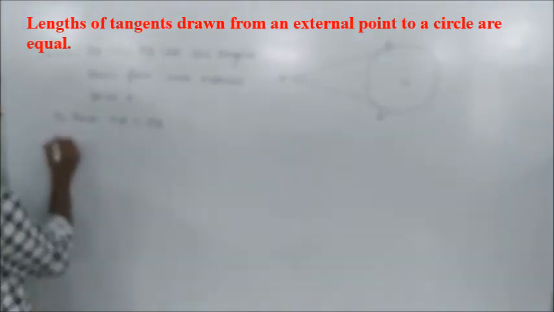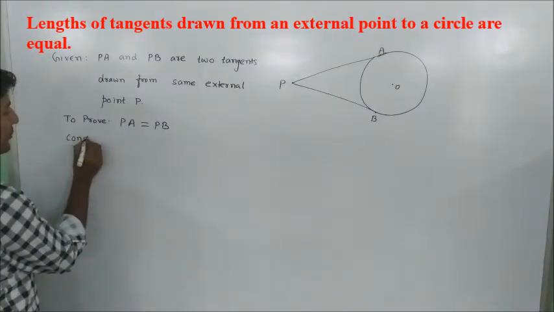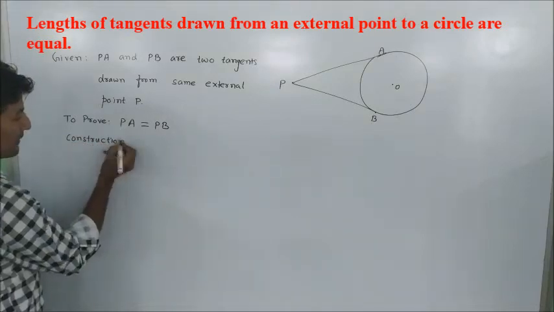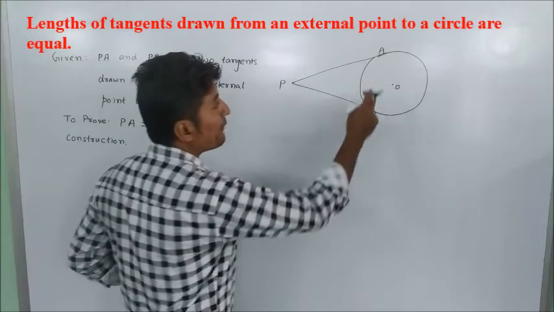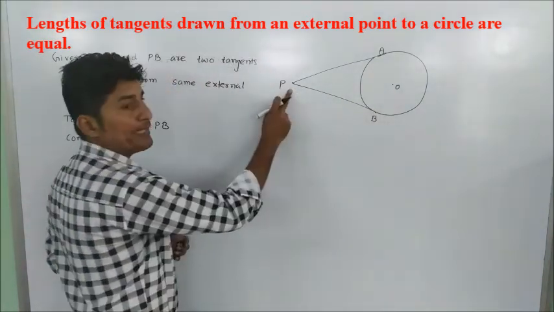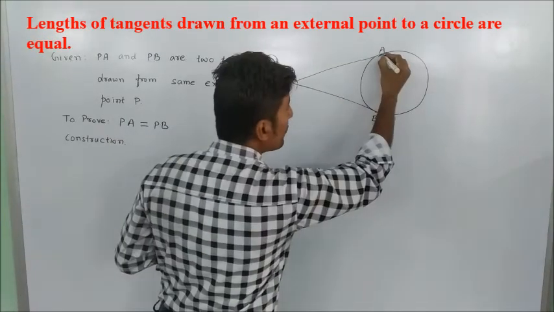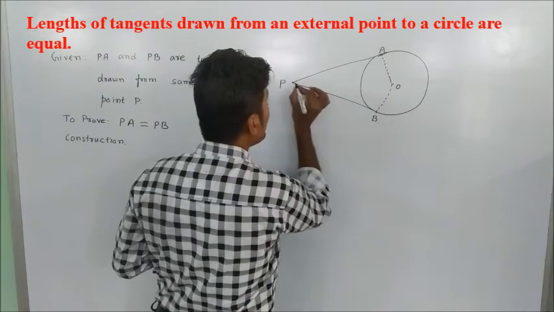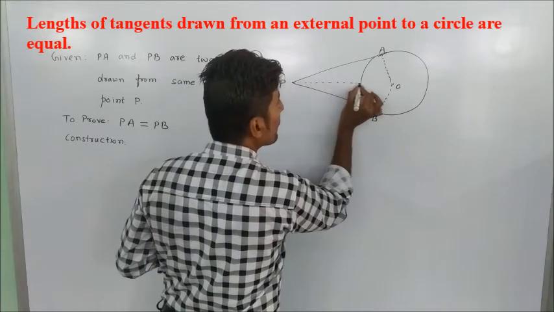After that, we have to add one more step, that is called construction. In construction, we have to join O to A, O to B and O to P also. So we are going to join O to A, O to B and O to P also.